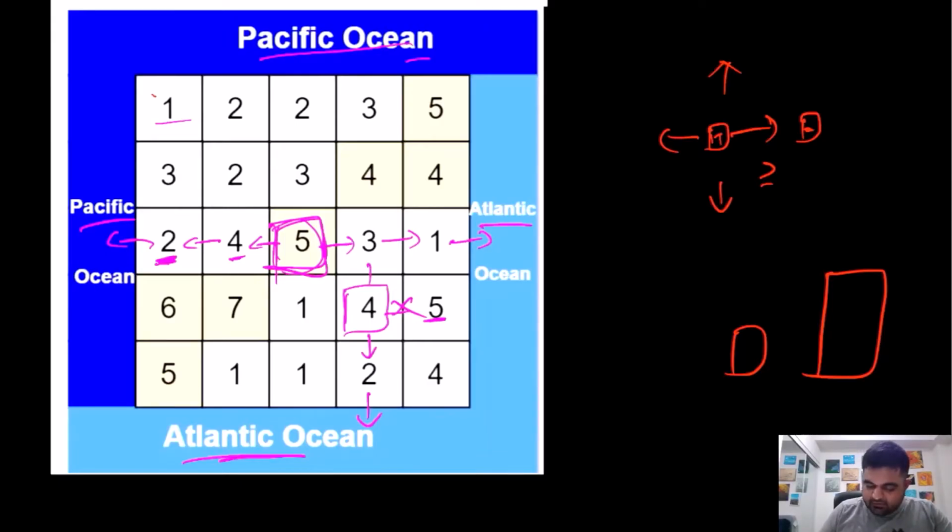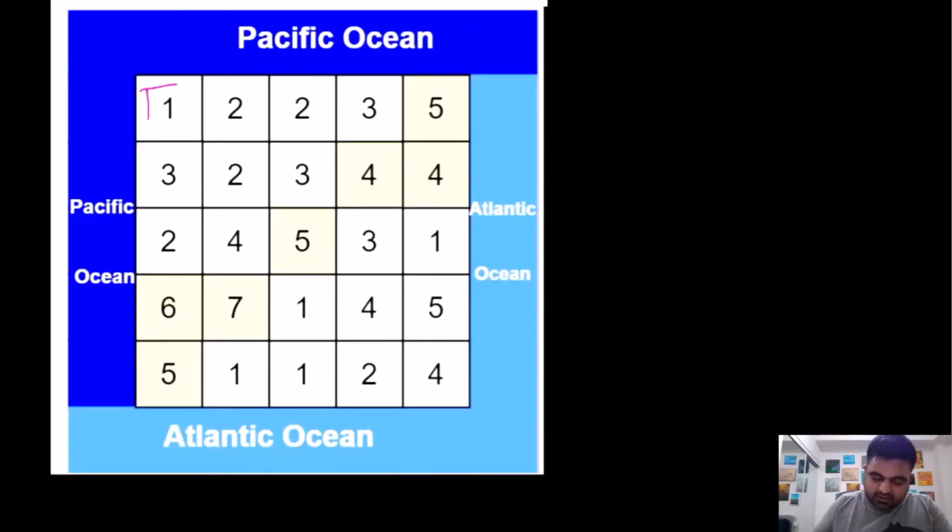If we try to go on top, we can go over here because this is 3, but from 3 we cannot go to the top because this is 4, so we can't reach the Pacific in this direction. If we try to go over here, we can reach this 1, but we cannot go to this 7. That means from this 4 we can go to the Atlantic Ocean, but we cannot go to the Pacific Ocean, so we wouldn't include this in our intersection. For every single cell, we are going to check whether it can reach both the Pacific and the Atlantic Ocean.